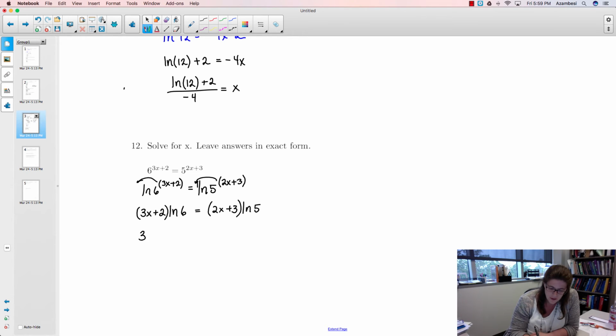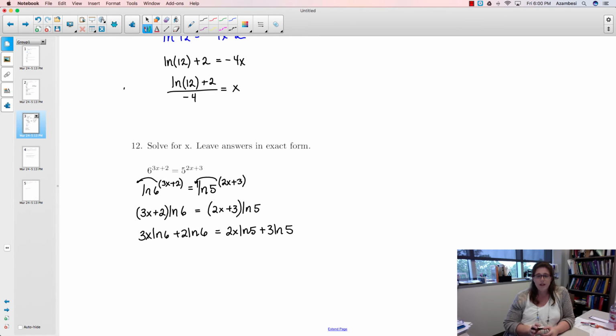Distributing, 3x ln 6, got my x there, it's kind of the important part, 3x ln 6 plus 2 natural log of 6 is equal to 2x natural log of 5 plus 3 natural log of 5. All right, you can't solve for a variable if it's on both sides of your equation.